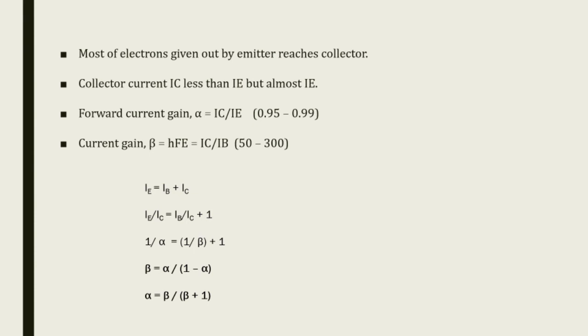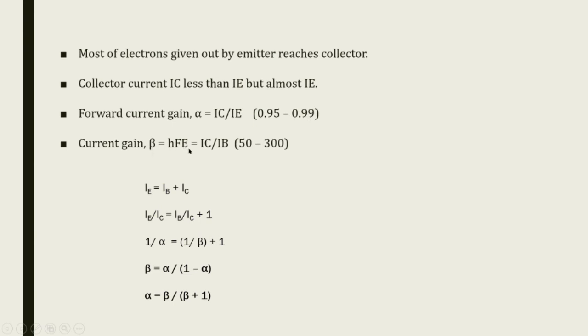Previously you might have studied the forward current gain alpha, which equals IC divided by I, collector current divided by emitter current. It will be of the order of 0.95 to 0.99. That is, IC will be almost equal to I, but less than I.